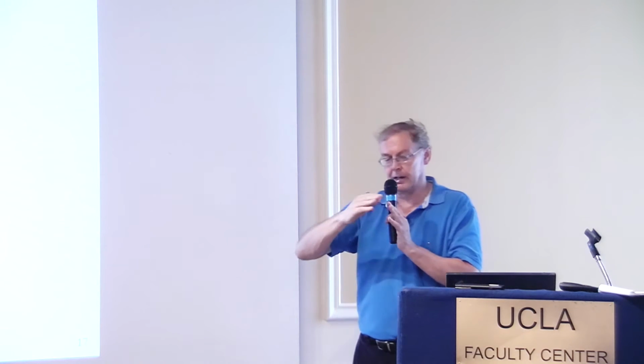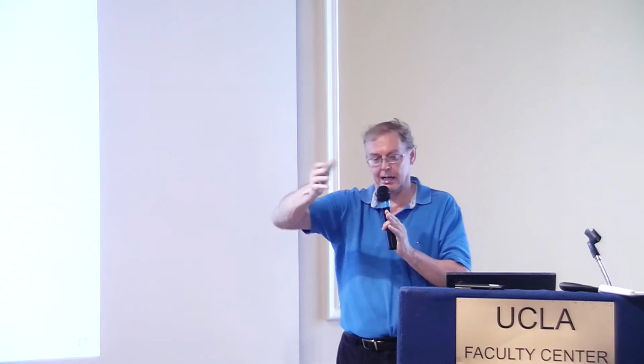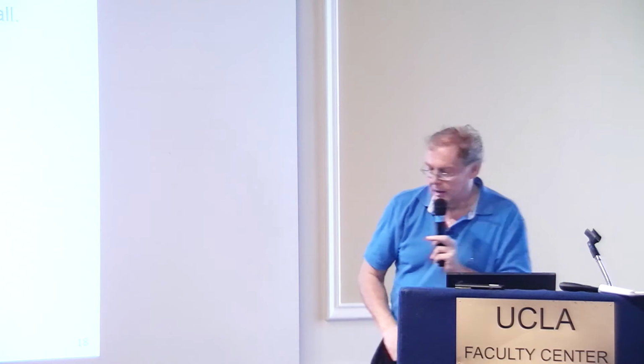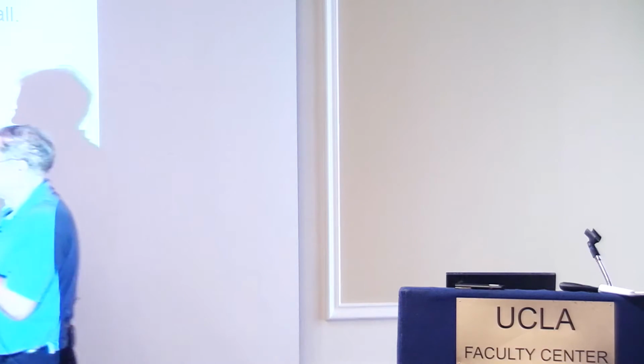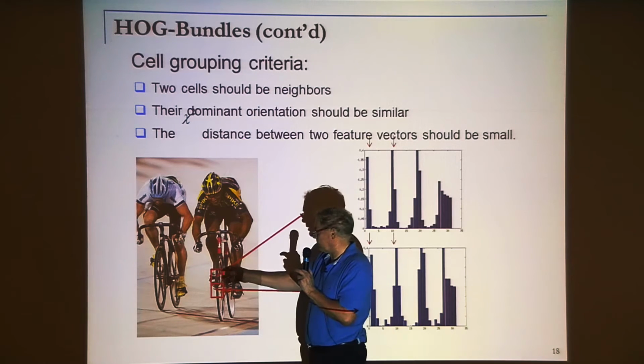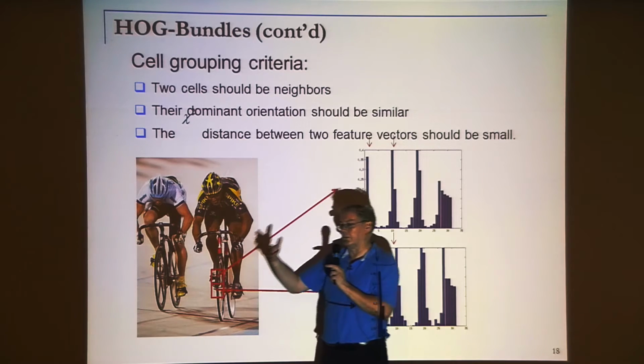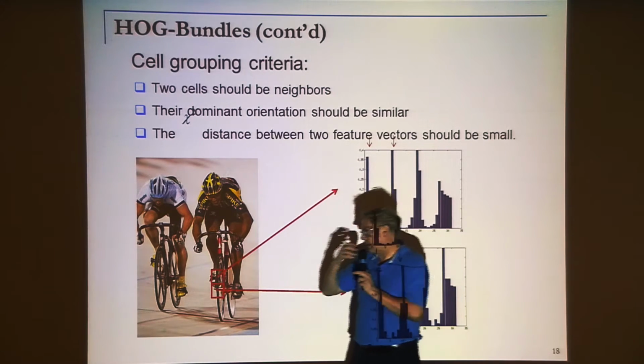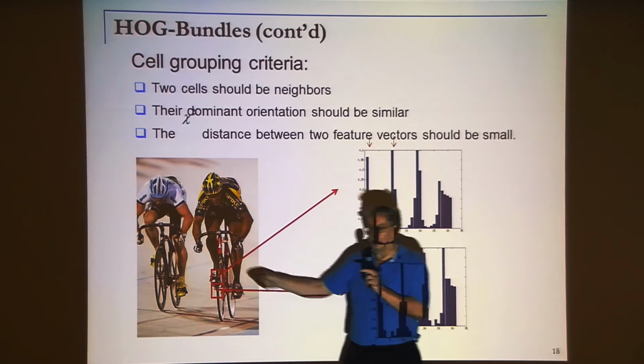So the HOGs, this is perhaps more detail than you want to know about them, but they look at the image locally. You find histograms, you can represent the histograms, and you get these local descriptions. The standard HOGs was that you just have a local 8x8 region here, and you compute the HOGs over it, and maybe you'd normalize by the HOGs nearby.